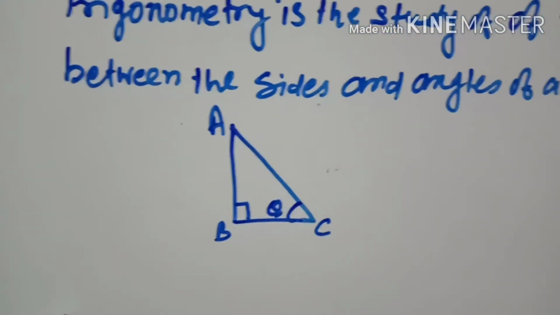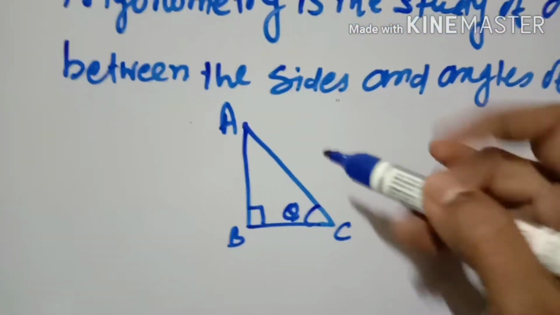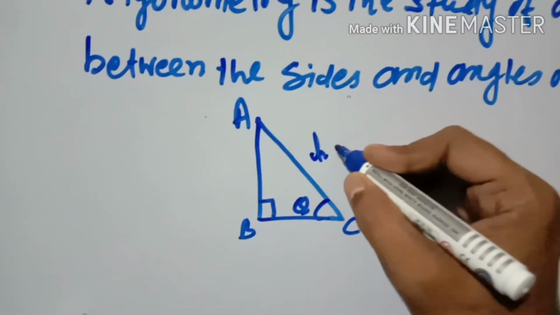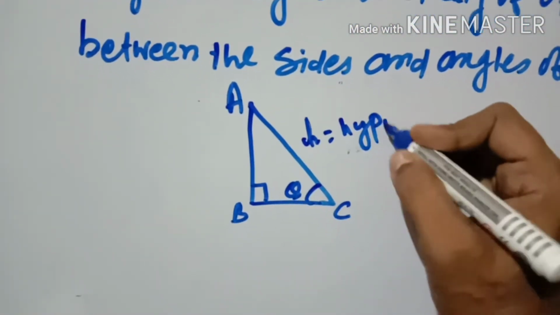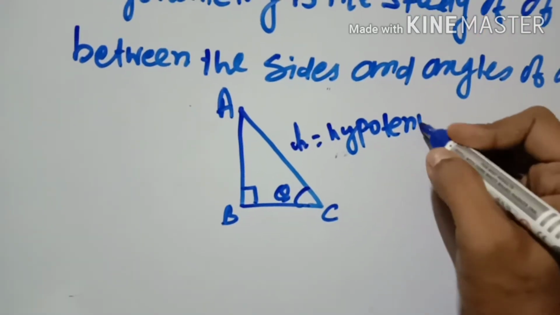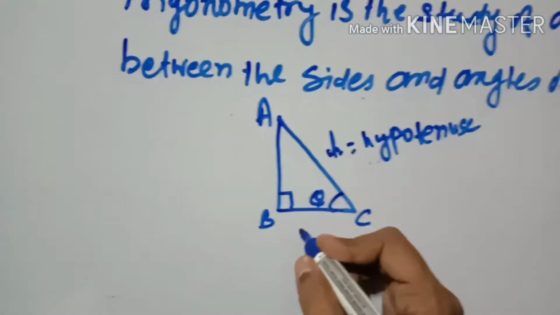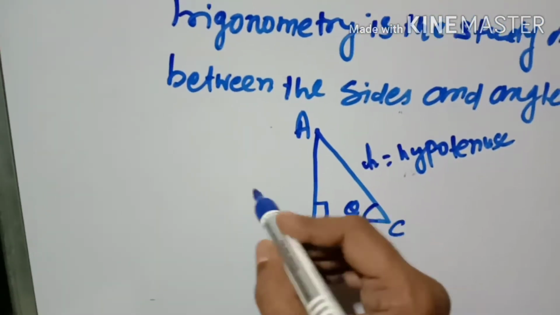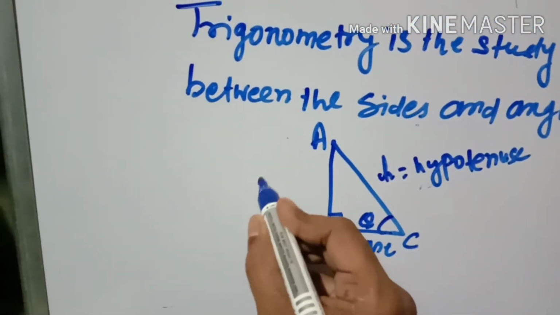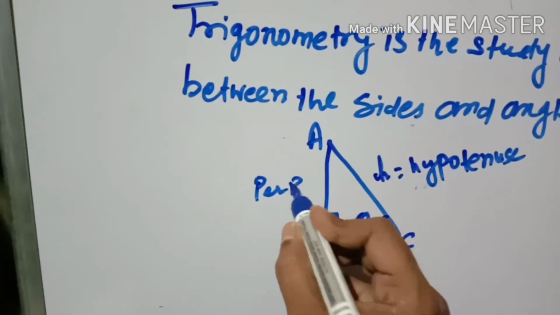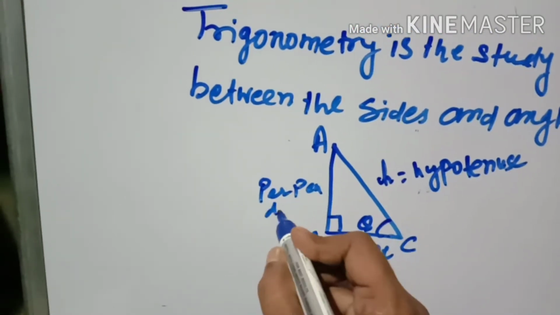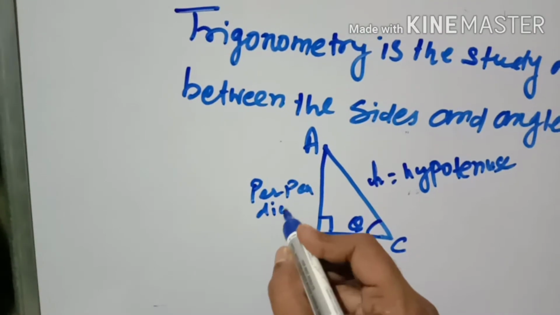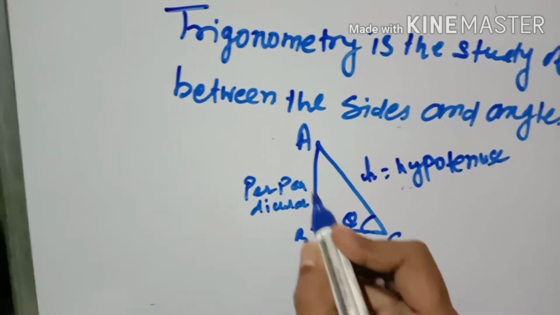So we can write this is hypotenuse, we will represent as H, this is base, this is perpendicular or height. Write down please.